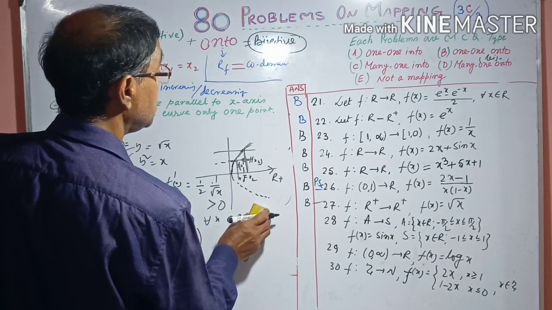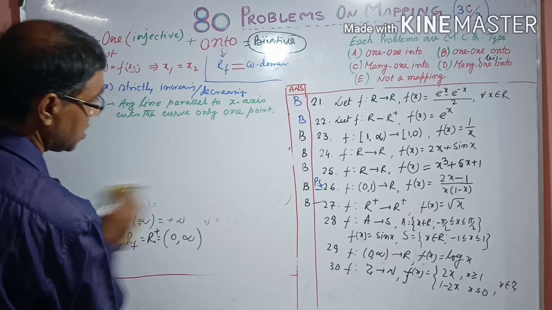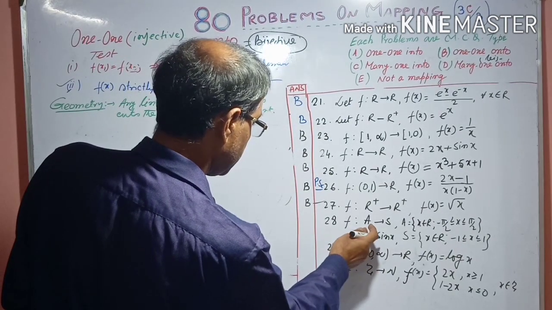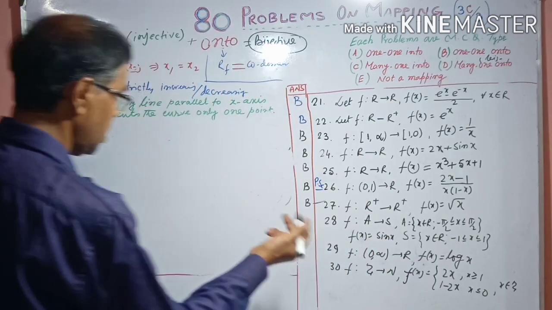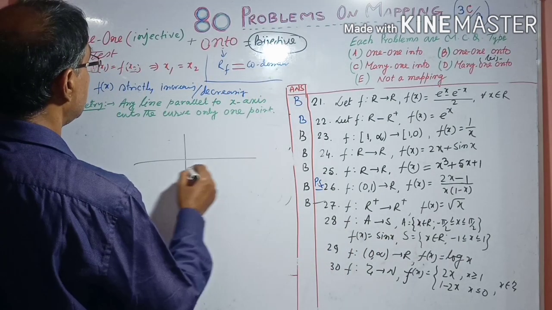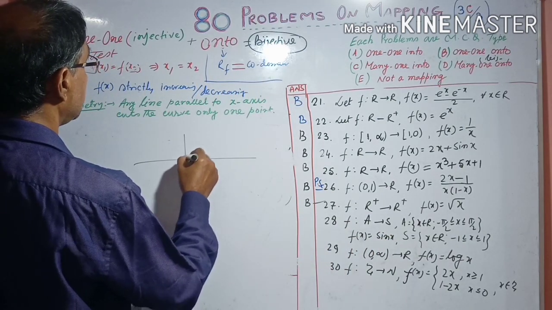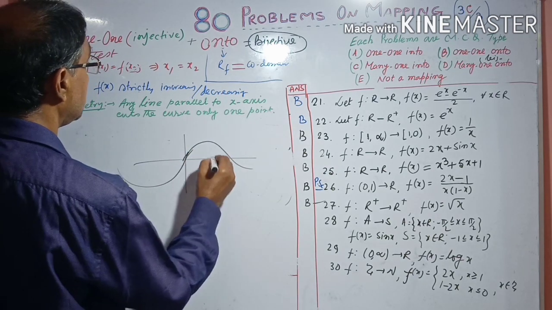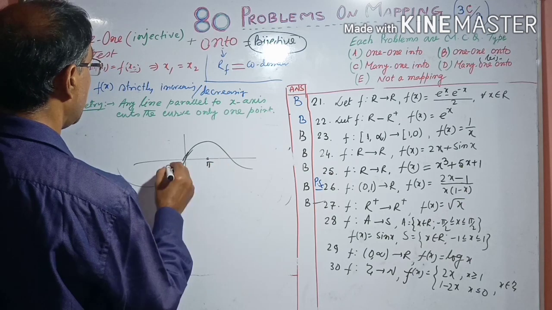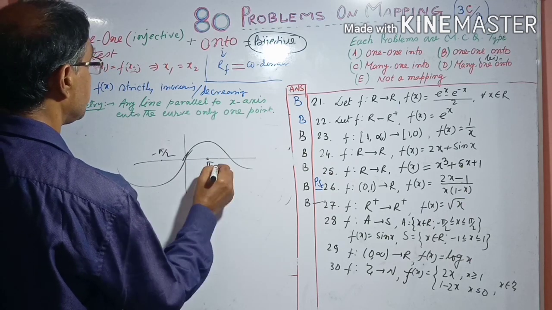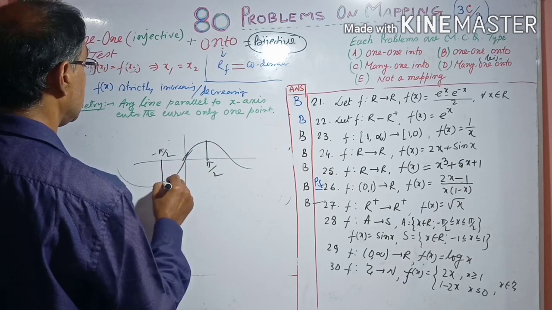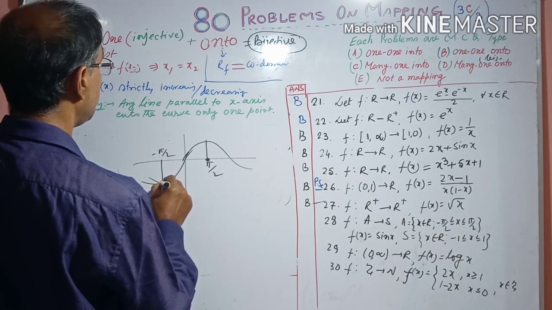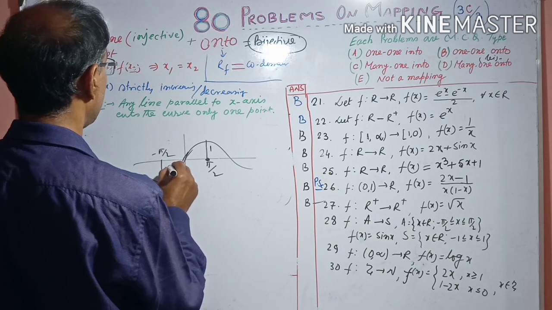Sum number 28, it is a curve of f(x) such that f equal to sin x. You can draw the curve of the function sin x, this. Now for pi by 2 to minus pi by 2, this goes to 1, this is minus 1.